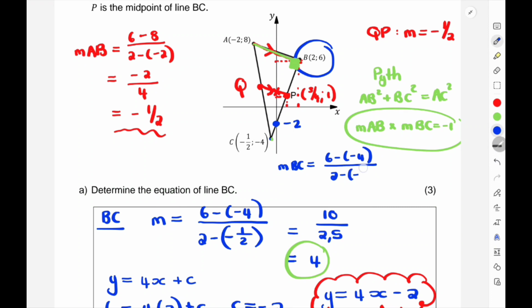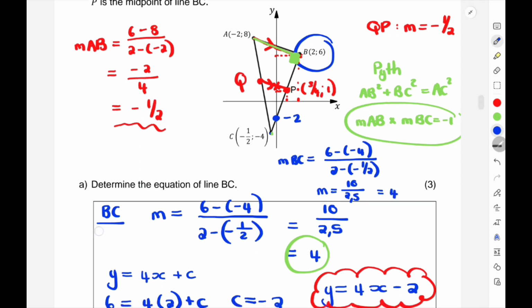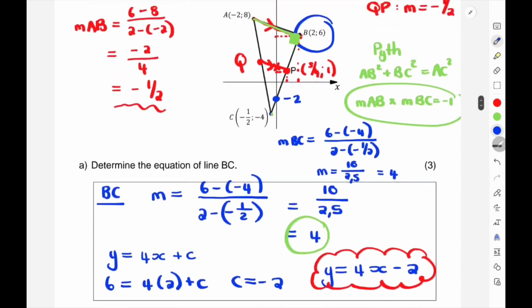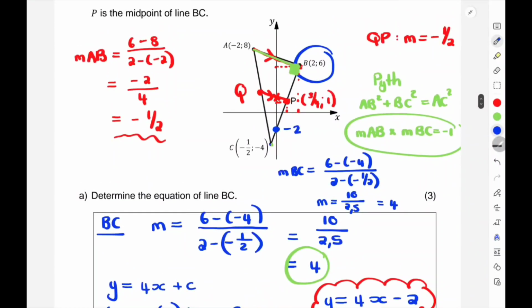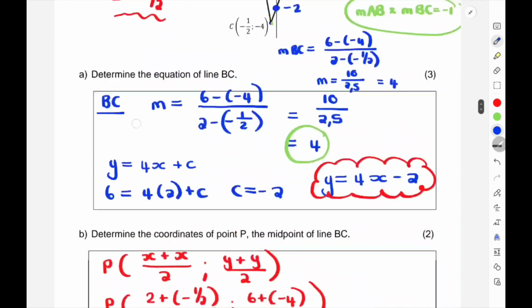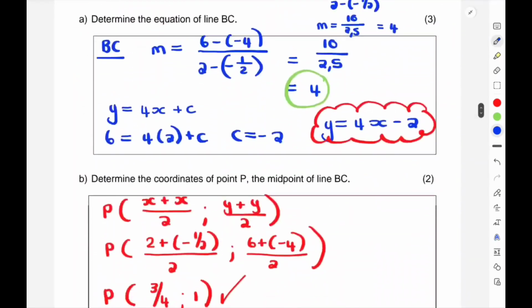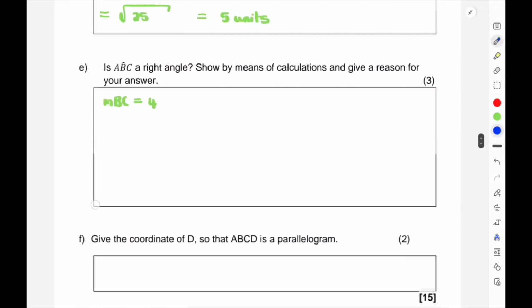Oh, it's such a hot day today. So the gradient is 10 divided by 2.5, which gives you 4. Oh, sorry, no. This is BC that I've worked out already. I'm working with the gradient of AB.